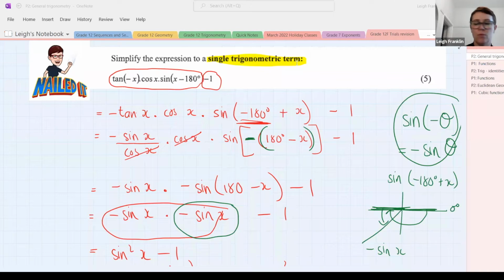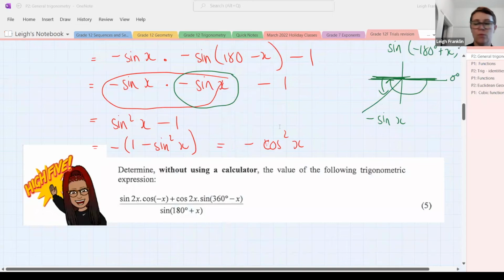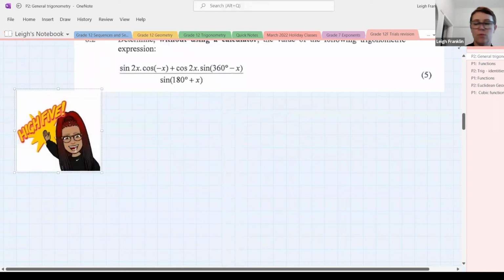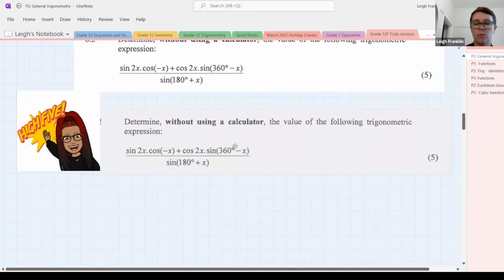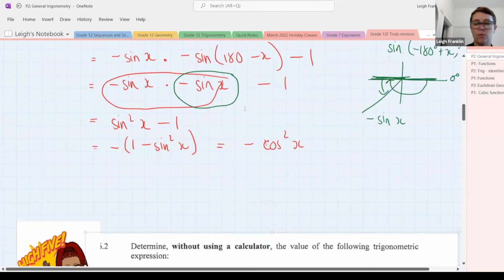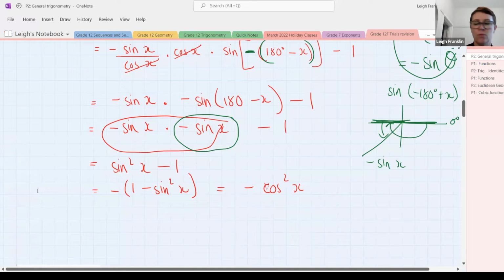At the bottom, they could have also turned 1 into sine squared x plus cos squared x. Absolutely, 100%. There are so many different ways to do things like this. We could be here all night discussing the number of ways to do that, but you're quite right.